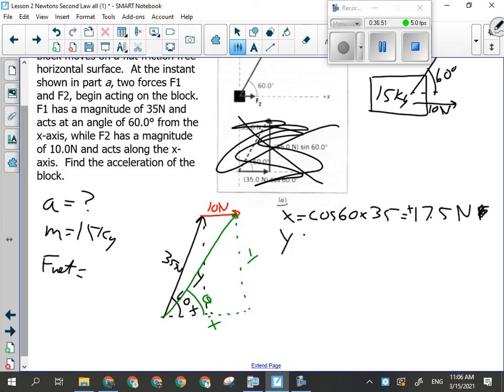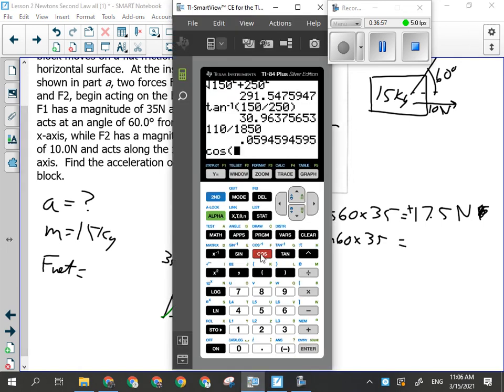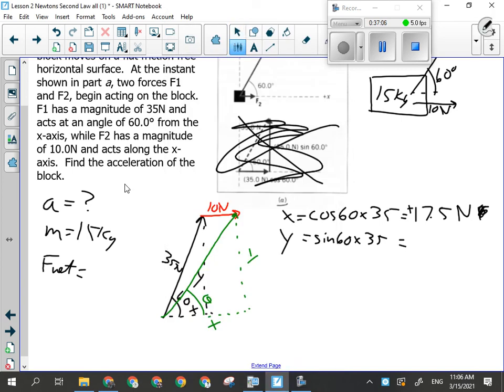Y will be the sine of 60 times 35, so 30.31 newtons, and that one's also positive because it's along the positive y-axis. And then obviously x for the red vector is 10 newtons, and y for the red vector is 0 newtons. This will be positive here as well.